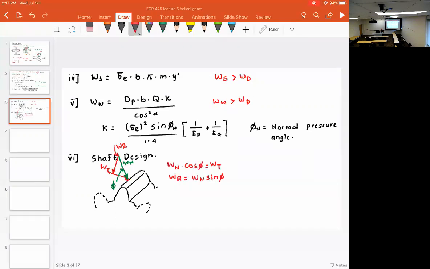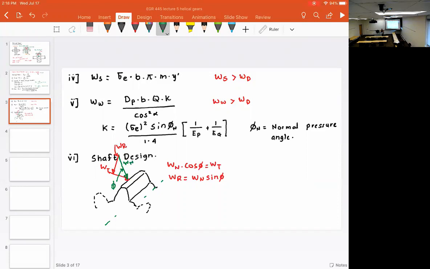And just to give you a quick overview, what happens because of Wt? Wt not only gives the torque, but when you are designing the shaft, and imagine the shaft is over here, Wt causes the shaft to bend in the horizontal plane.